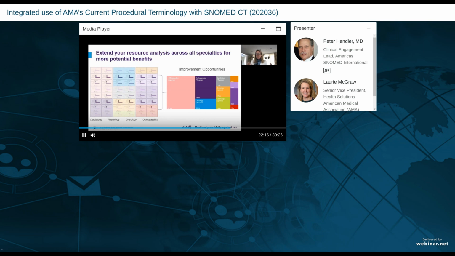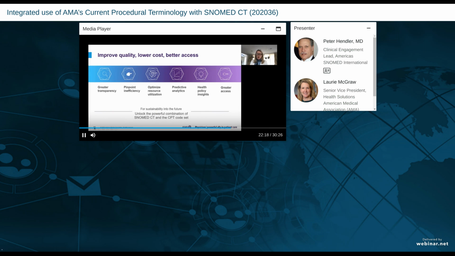Now, those examples, that's just one way that SNOMED with CPT can be used. Used properly, the increased clarity that these combined terminologies provide allows you to deliver better care with the same resources.